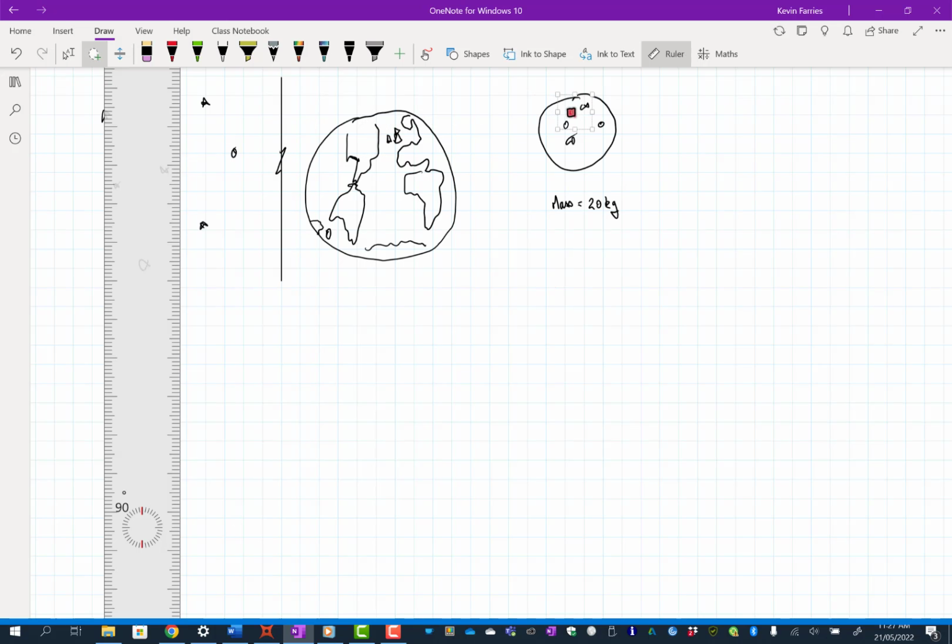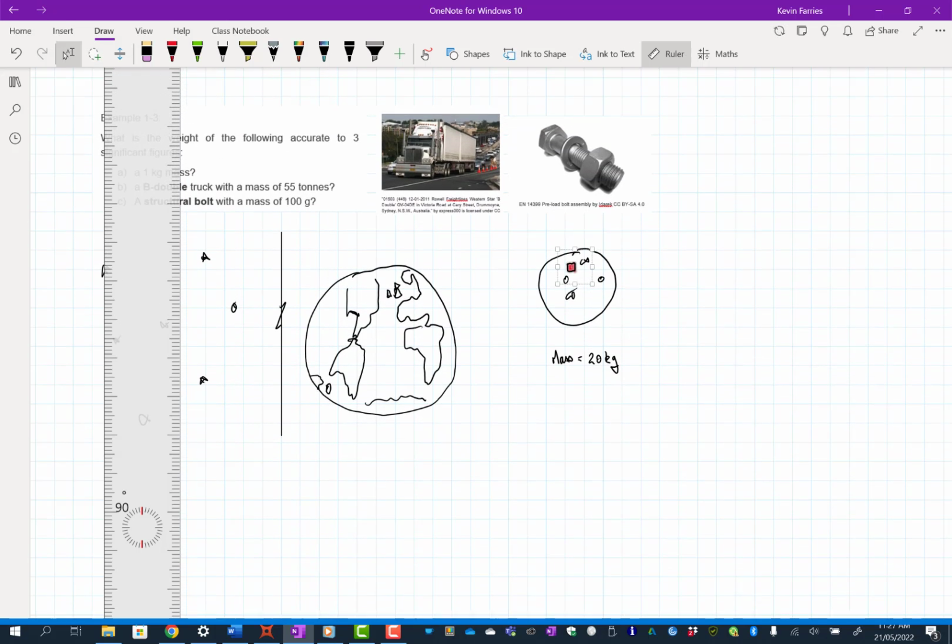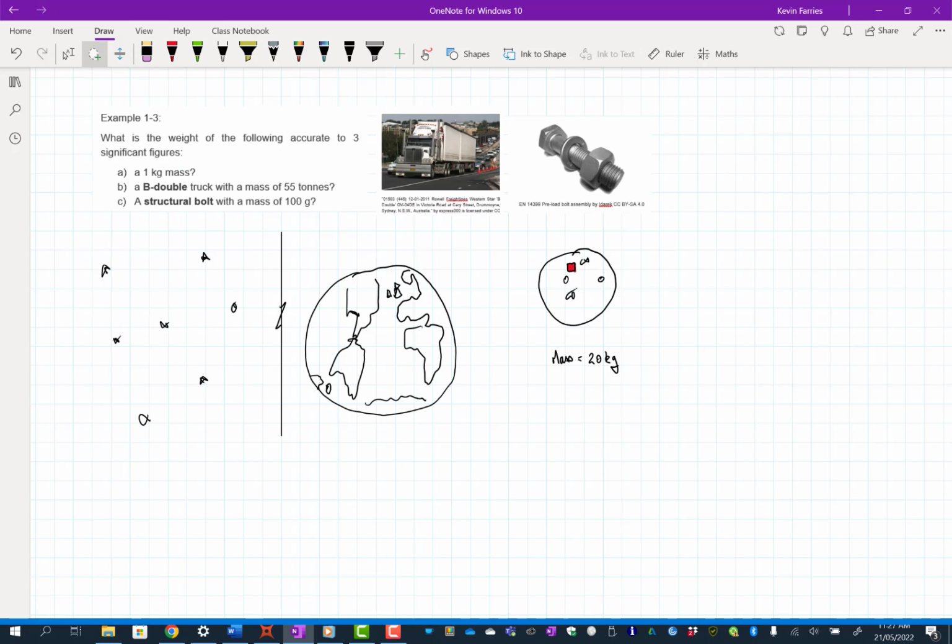Take it up to the moon, it has a smaller weight because the gravity on the moon is less than gravity on Earth. Put it into outer space, it has no weight at all, just floating around, because there's no gravity.